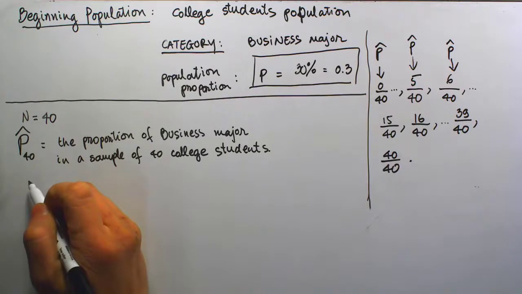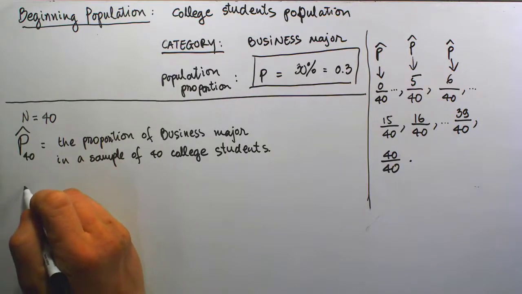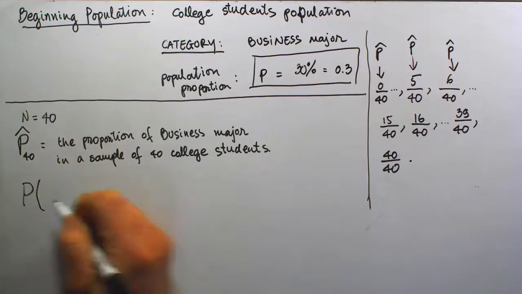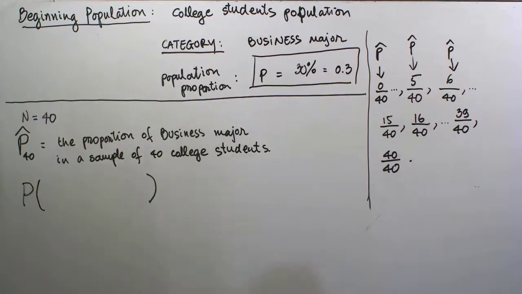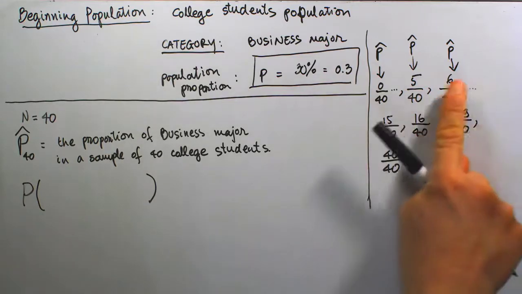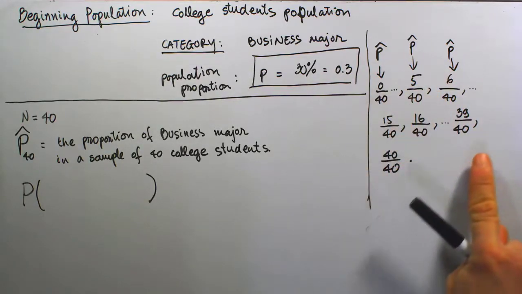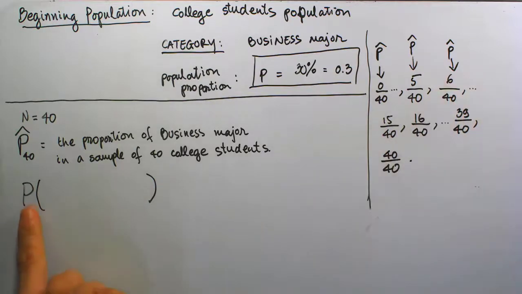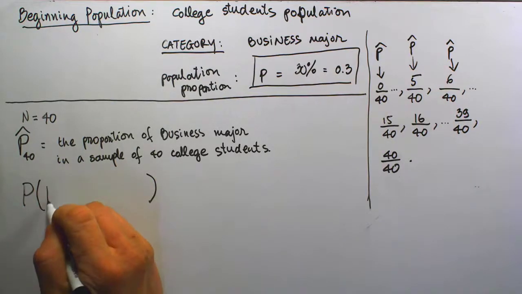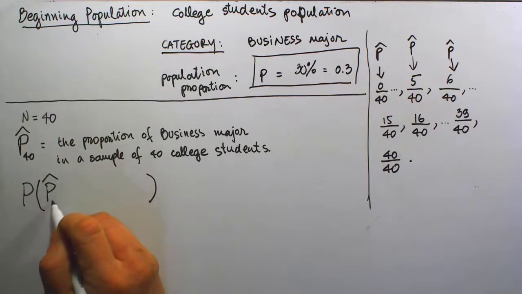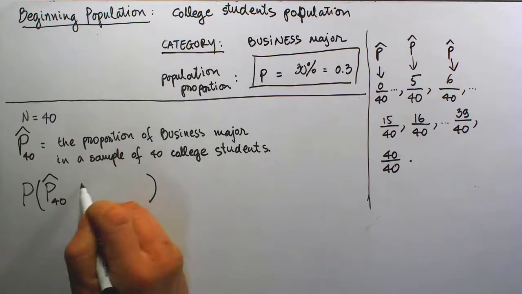The question in our part A is asking, what is the probability? So in traditional probability symbolic terms, P in parentheses, we want to find out, among all of these possible sample proportion values, what's the chance that we can find a sample proportion value, capital P hat 40, being less than 16?